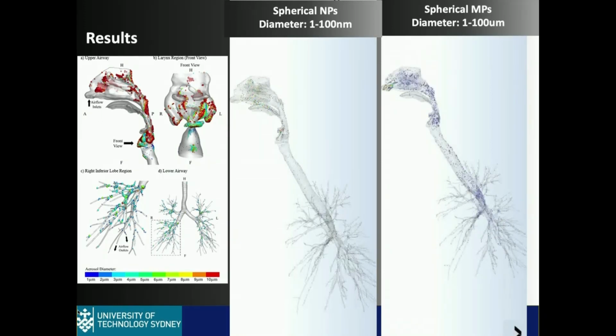A lot of particles deposit in the nose and upper airways, because of the complex airways in the nose. On the other side, the particles deposit deeper until the 13th generation, and here you can see from the trachea. So, most particles actually go here.